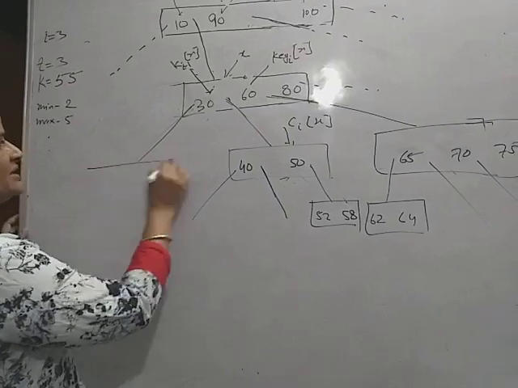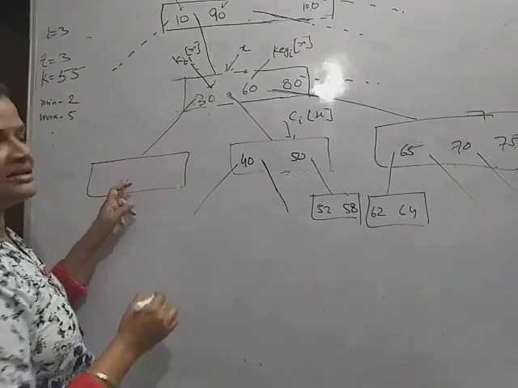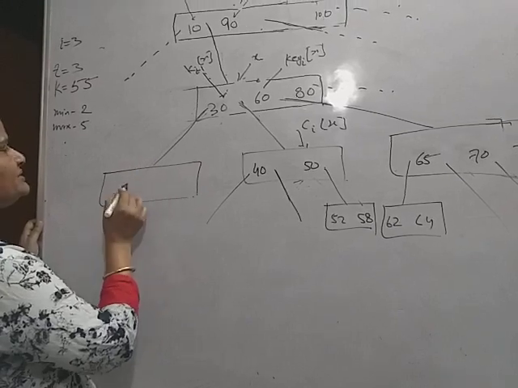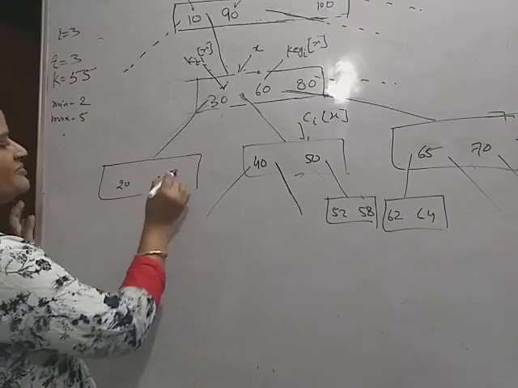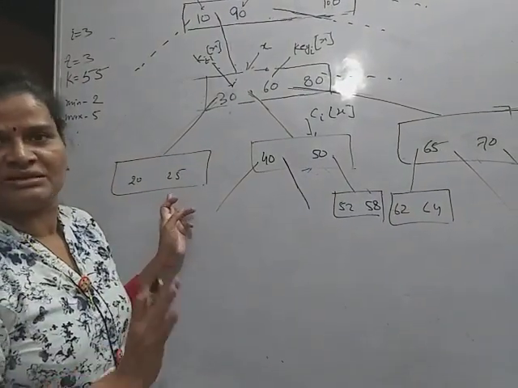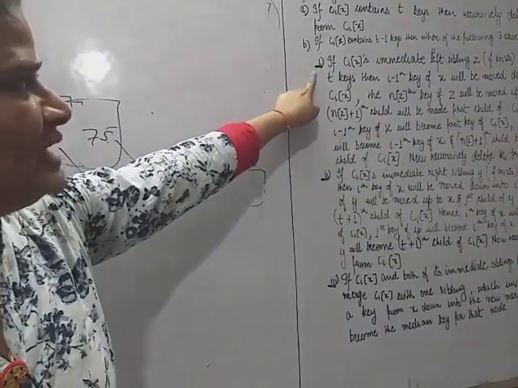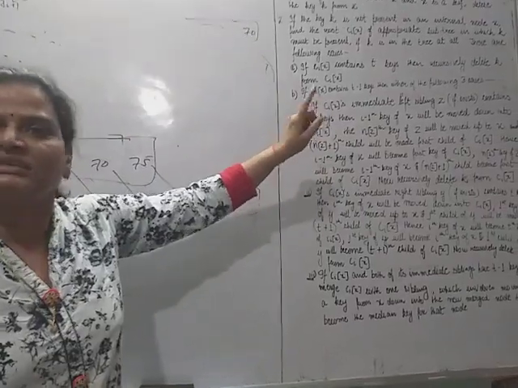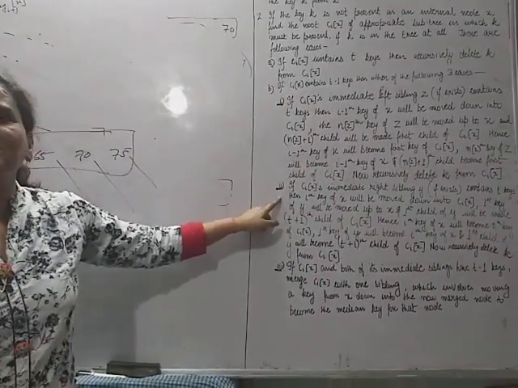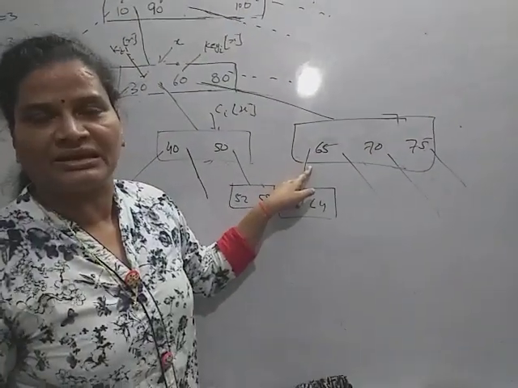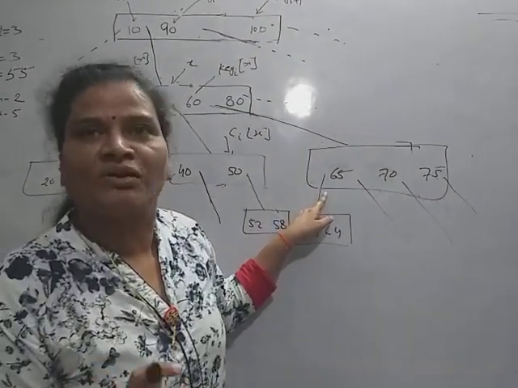First I check the immediate left sibling. Suppose here the immediate left sibling is 25, and it also contains T minus 1 keys. Then it is not true that its immediate left sibling contains T keys, so we check its immediate right sibling. Now its immediate right sibling contains T keys.